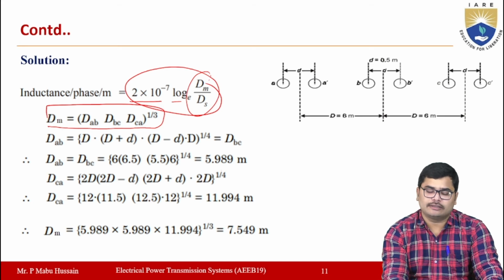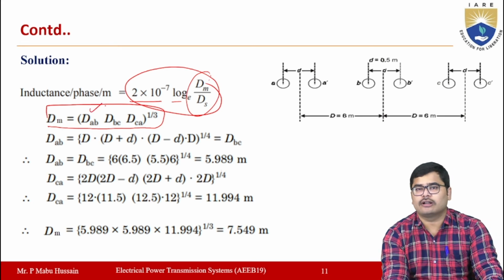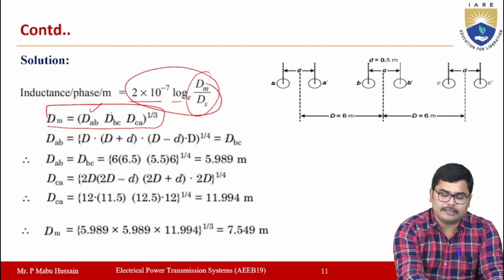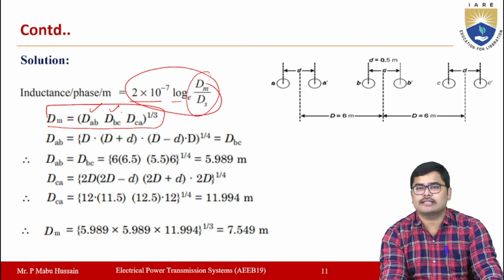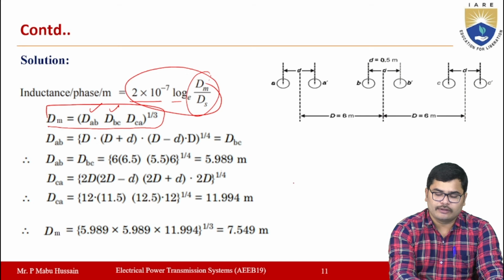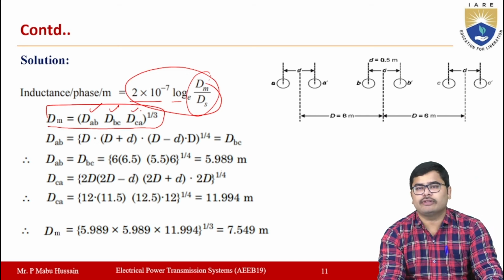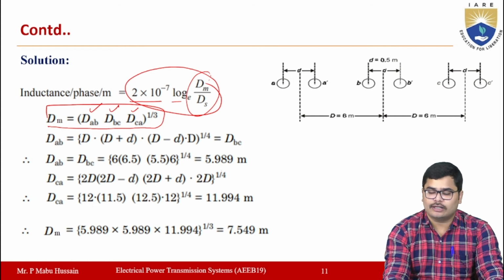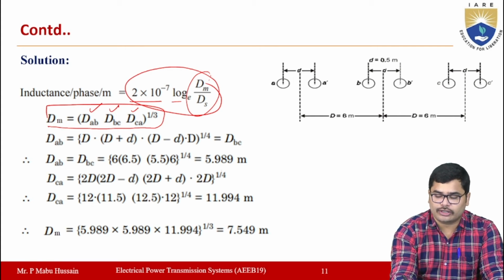Here dab is the distance between phases A and B from center to center. Similarly, dbc is the distance between phases B and C, and dca is the distance between phases C and A. So the center to center distance you have to consider.